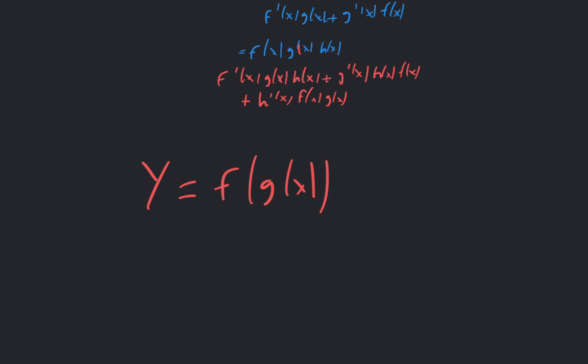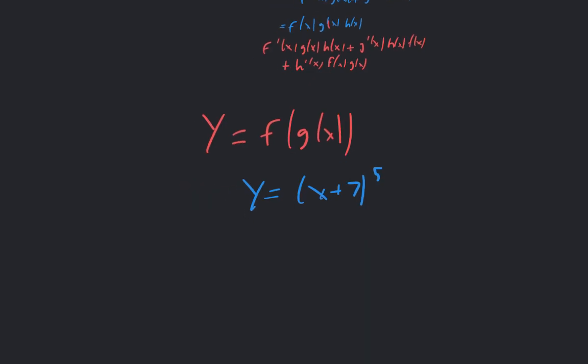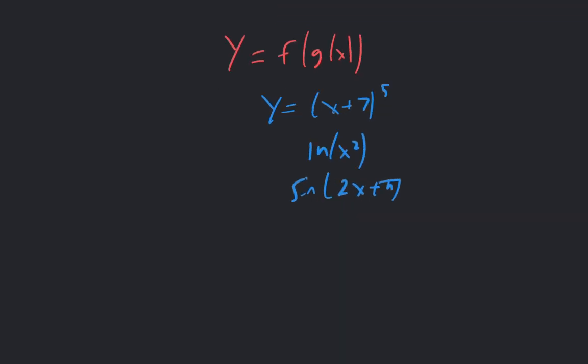So it would look something like this. Something like that, or natural log of x squared, sine of 2x plus pi, something like that. We can do exponentials.